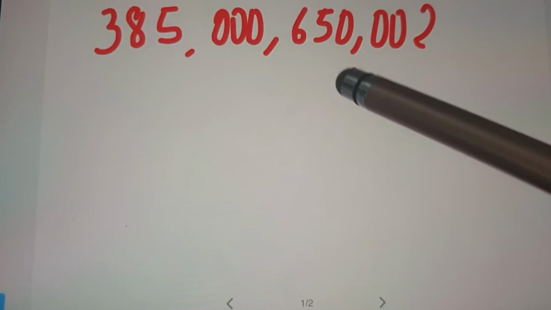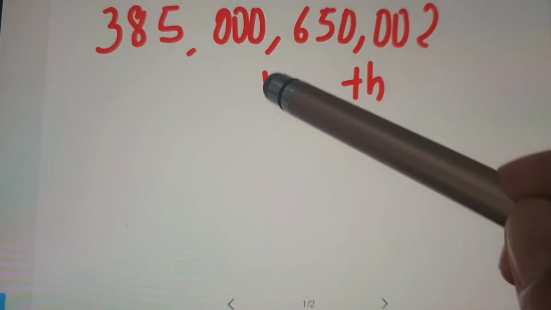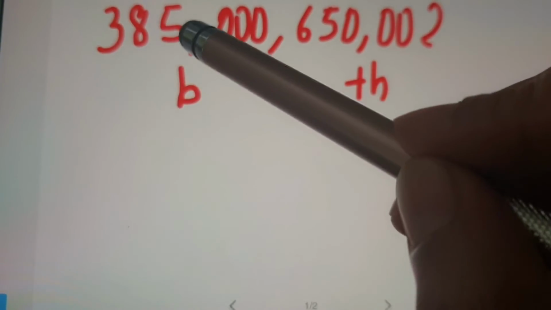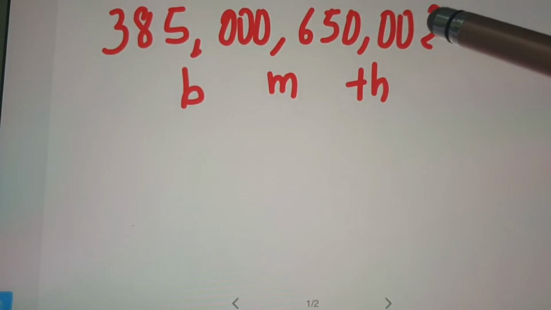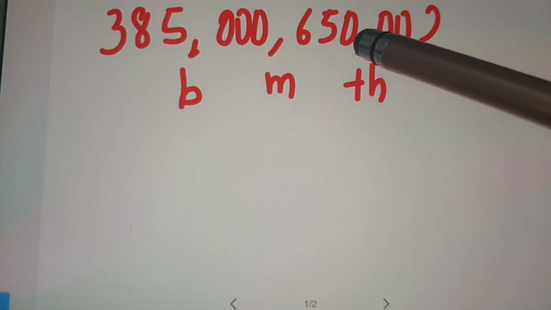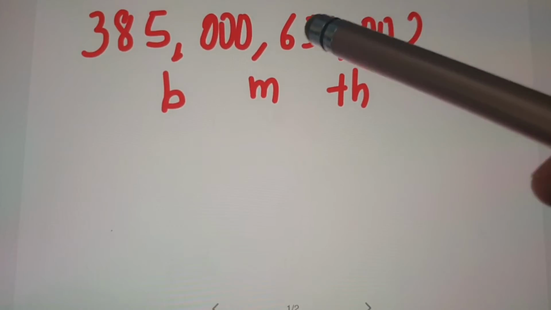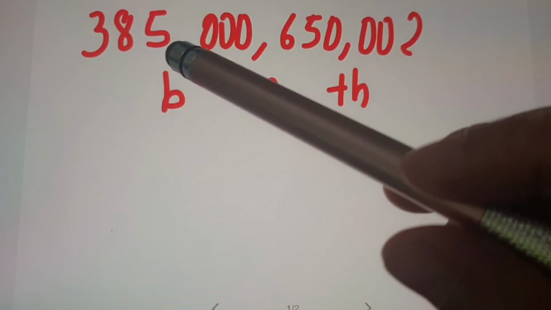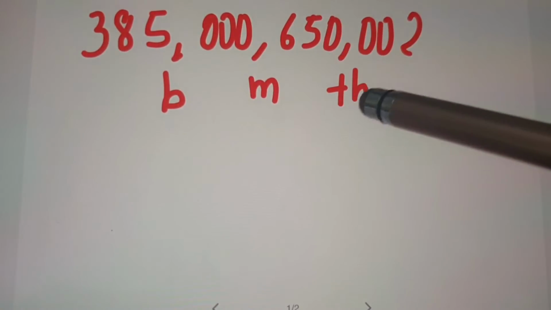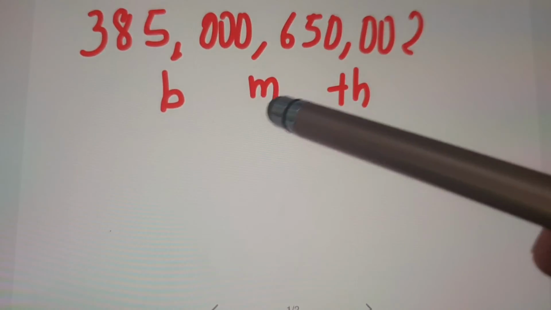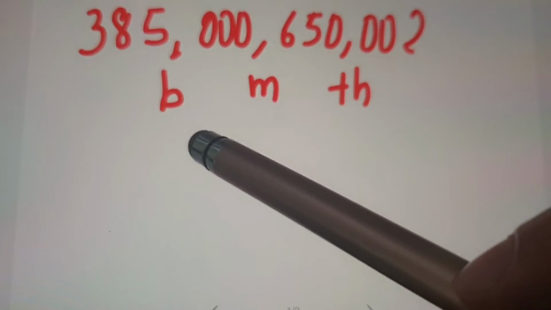Let's name this as thousand. This one is million and billion. So in every three numbers, we need to add a comma, like 1, 2, 3, comma, 1, 2, 3, comma, 1, 2, 3, comma. The first comma as thousand, the second comma as million, and the third comma as billion.